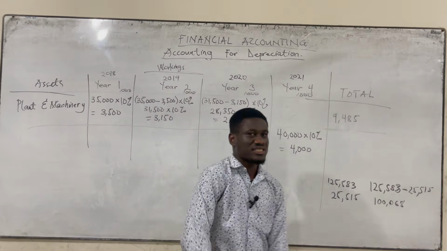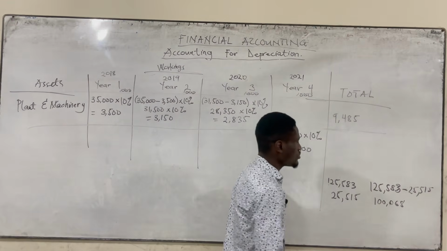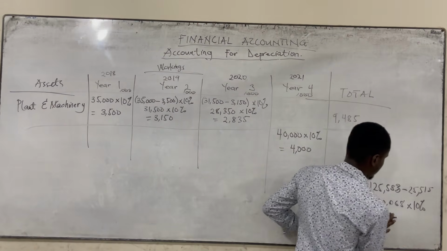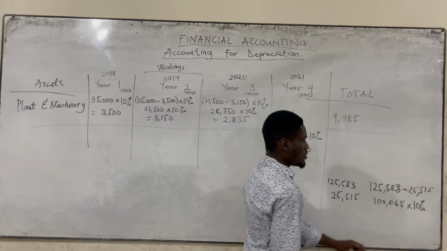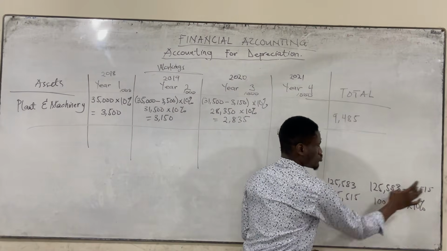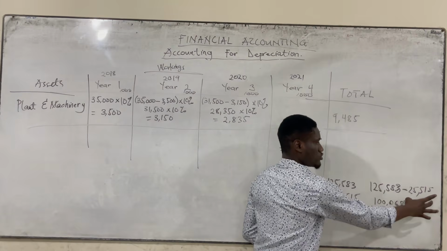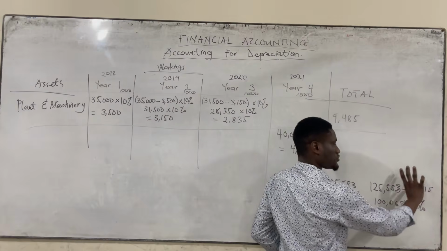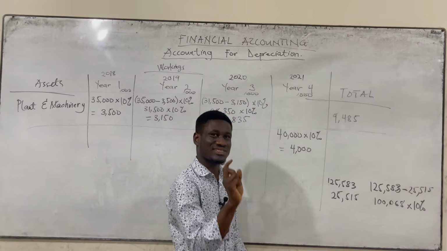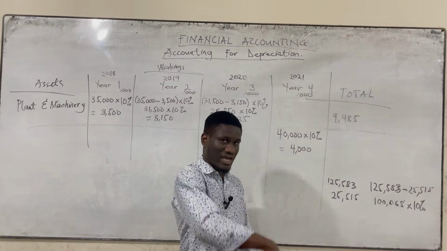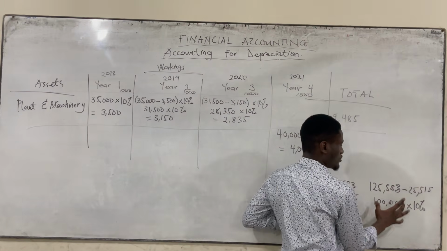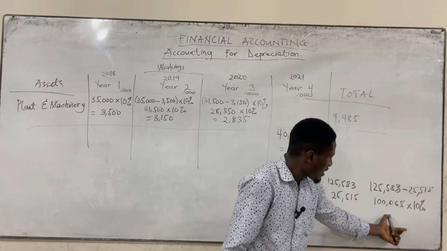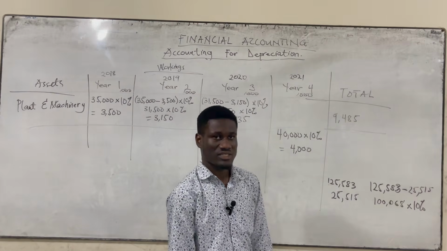So for our new depreciation as at that year, we are going to multiply this new net book value we have, because we subtracted the amount so that we will not include it, because it is in this net book value already. So we want to subtract that amount from it so that we will not charge a depreciation on it for that year. So we are going to subtract it from this. What we are getting is this. Then we will multiply it as usual by the 10% that the question has given to us.